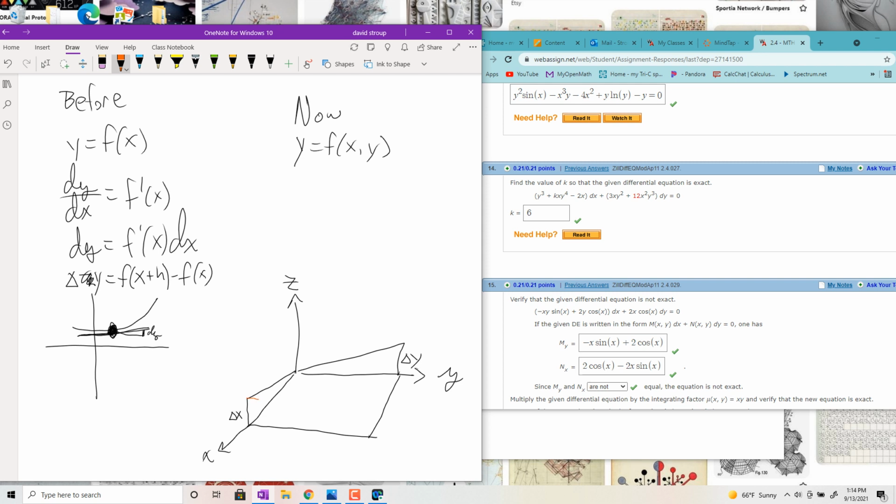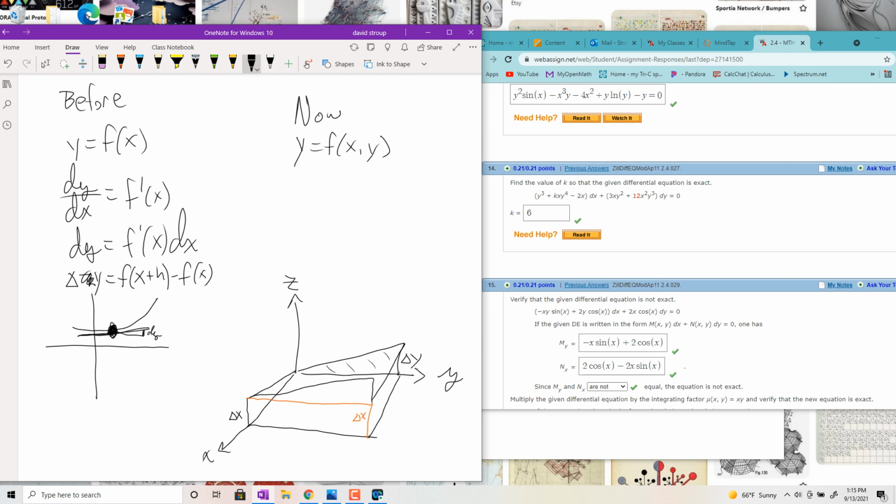So let's block this off here. That's my change in x. But then there's also going to be a change in y added on top of it. So you can see that triangular region here. I'm going to plop that on top of my change in x.